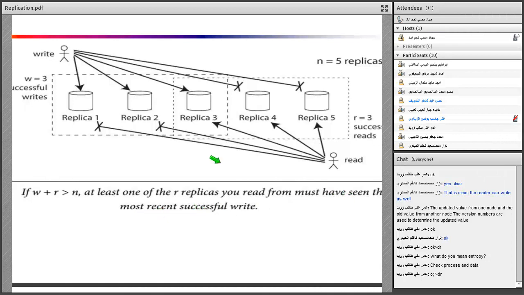In this example, we can see replica 3 has seen the most recent successful write.